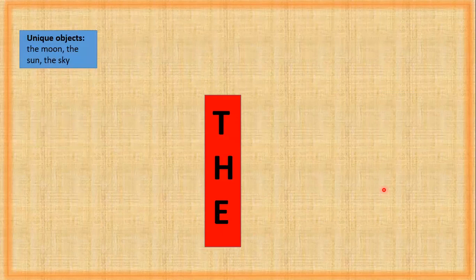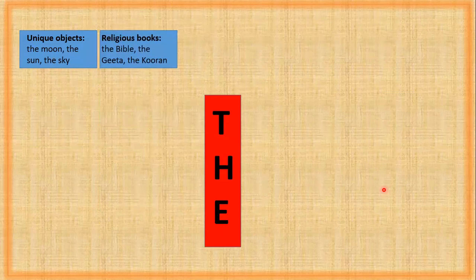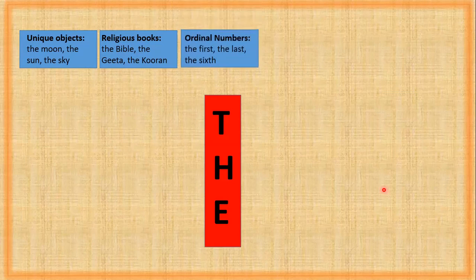We use the before unique objects like the moon, the sun, the sky; before the religious books, of Christianity, the Bible; Islamic religion, the Quran; Hindu religion, the Gita. Similarly, before ordinal numbers like the first, the last, the sixth, the second.